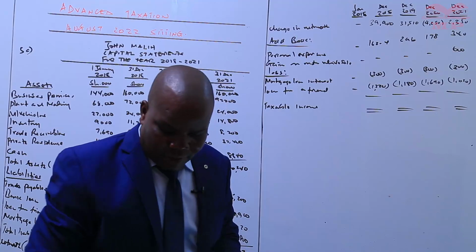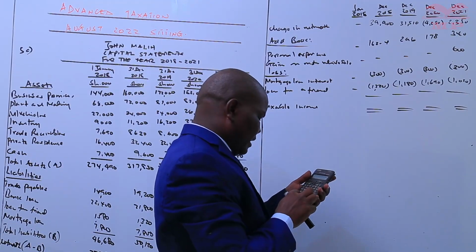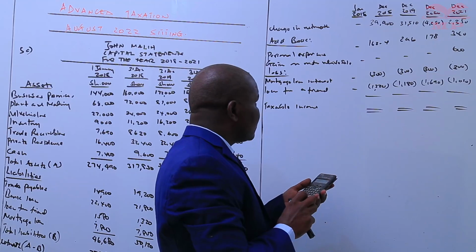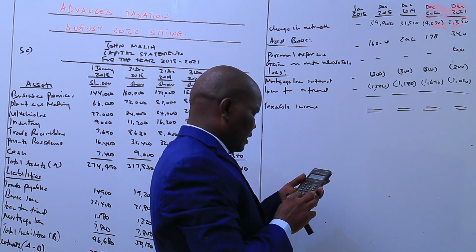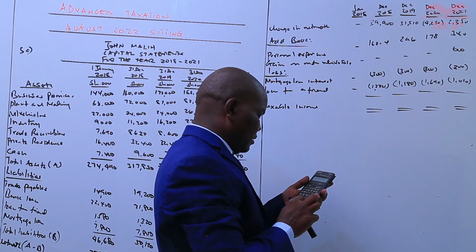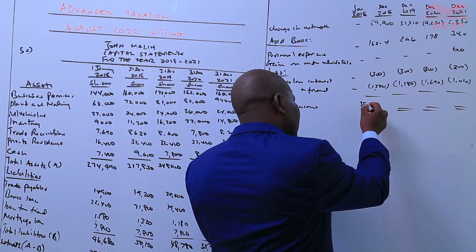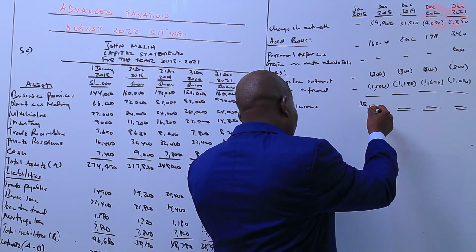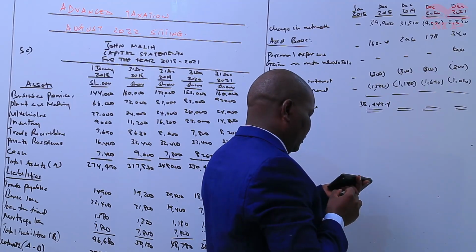So let me start with 2018. That is 39,900 plus 162.4 less 300 less 1320. I get 38,442.4 positive.